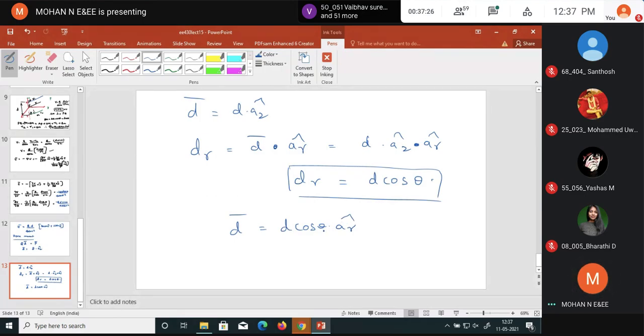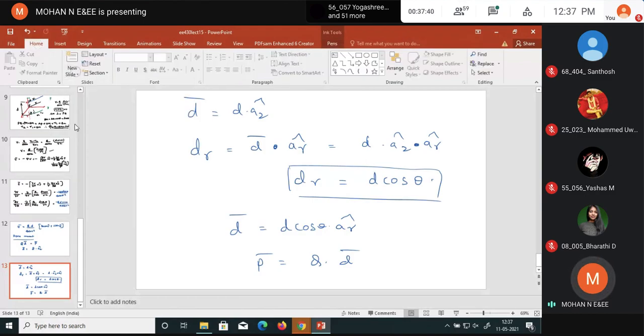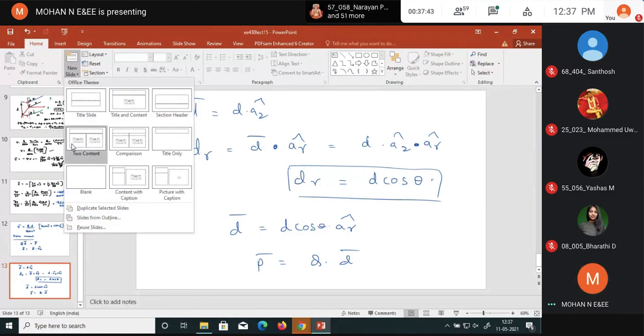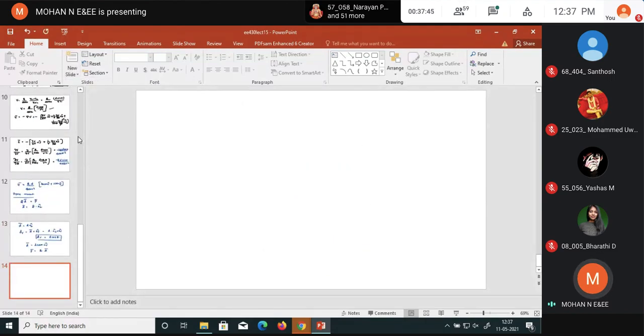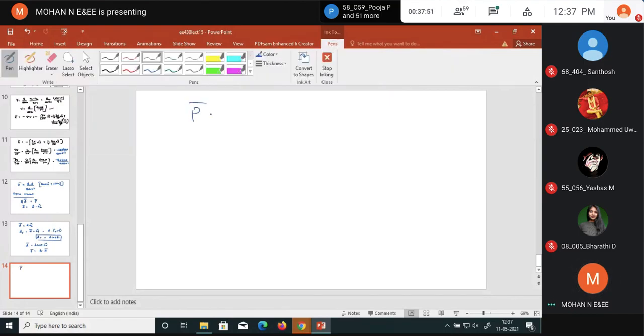Okay. So the dipole moment, as we have discussed, is the product of Q into D vector. As a result, P vector dot A_R cap is Q D vector dot A_R cap, which is Q D cos θ.